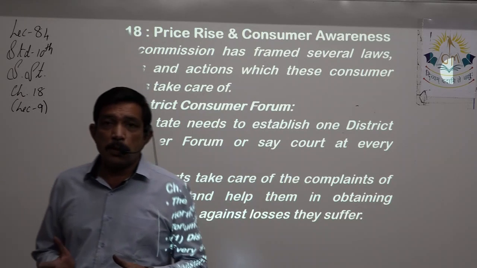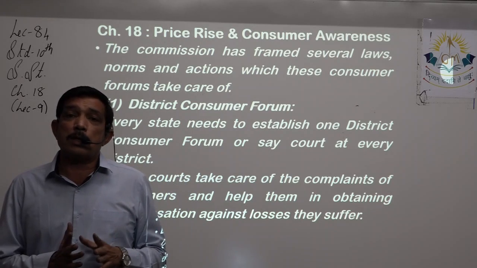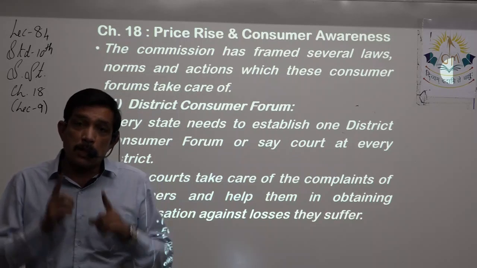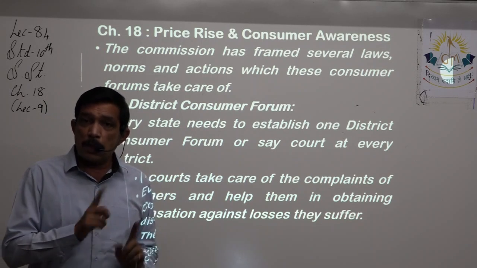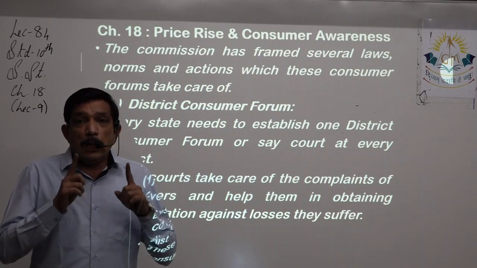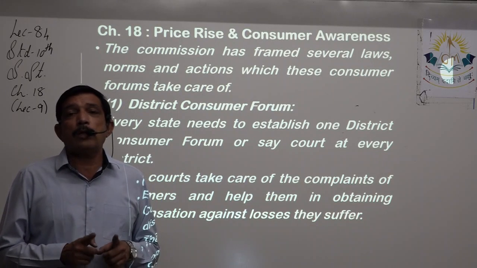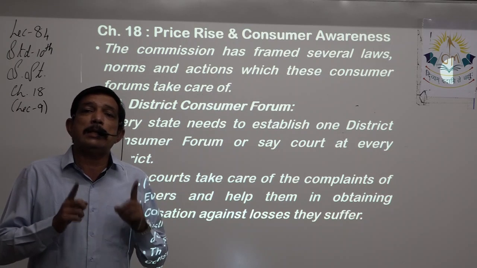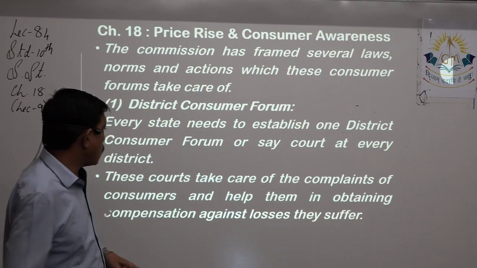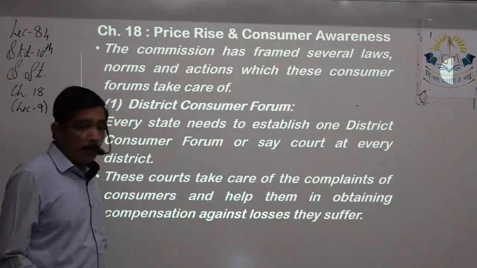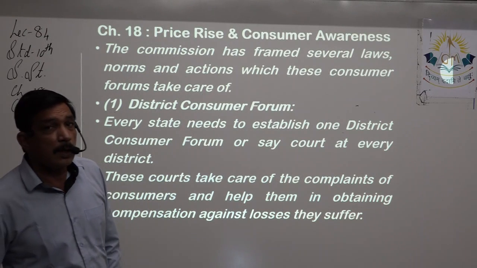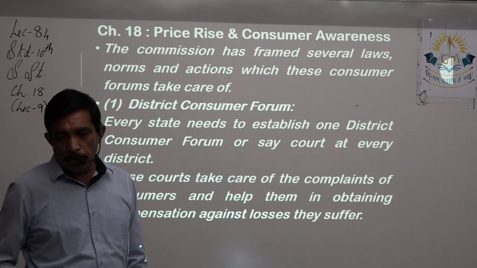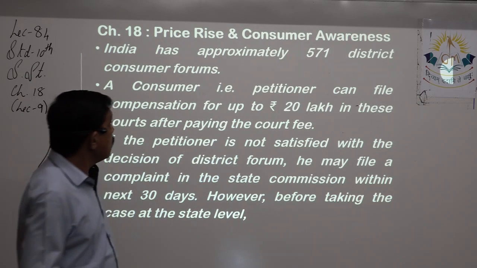Since the state is divided into districts, it is the responsibility of the state government, with the help of the state commission, to see that one district forum is established at each district headquarters. These courts take care of complaints of consumers and help them in obtaining compensation against the loss that they have suffered.